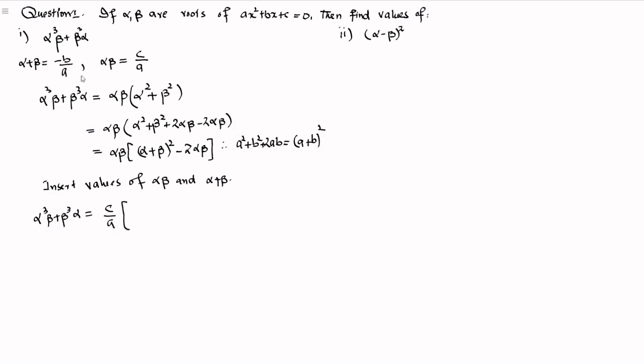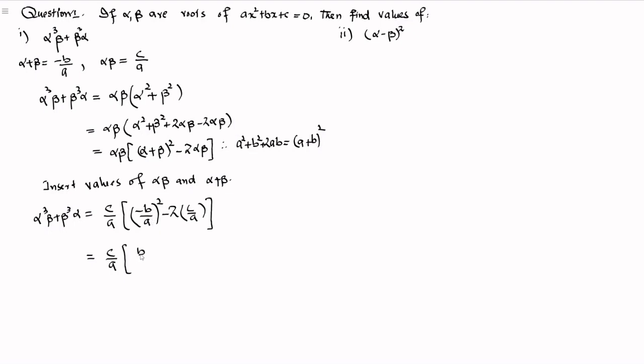For alpha plus beta we will insert minus b by a whole square, and plus minus 2. For alpha beta we will insert c by a. Now we have c by a.